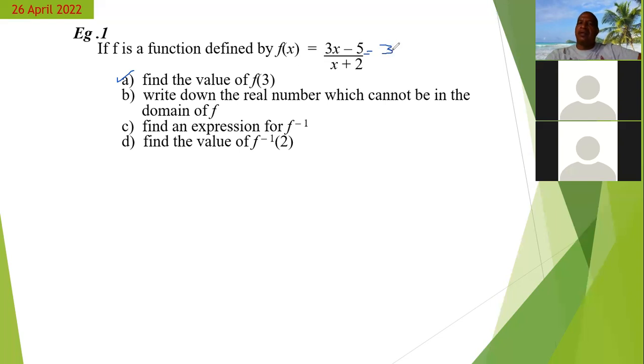So 3 times 3 is 9, minus 5, which is 4, over 3 plus 2, which is 5. So 4 over 5. All right, so you say that we would have 9 minus 5 up in the numerator, 4, over 5. Yes, it's 4 over 5. Correct.